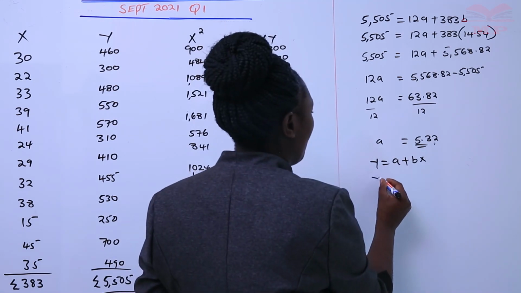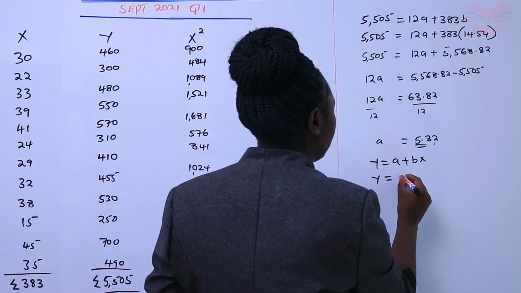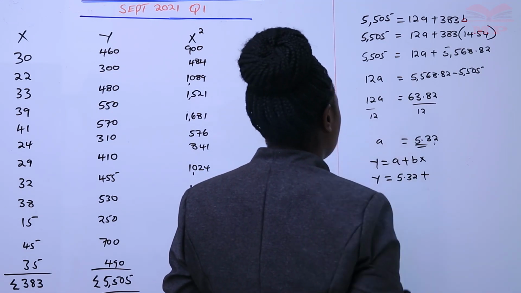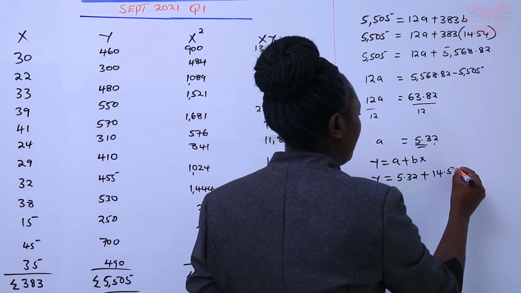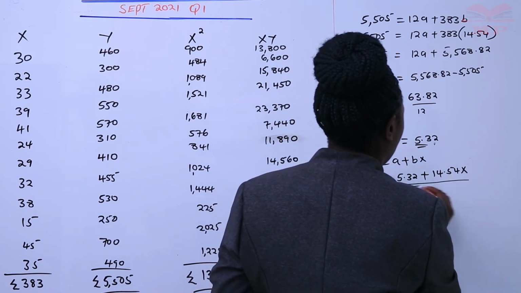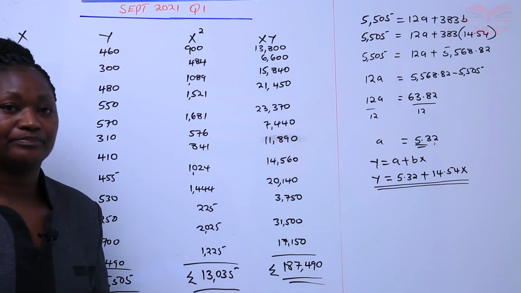So we'll have y equals, our A is 5.32 plus our B is 14.54x, and this will have answered part 1 of that question.